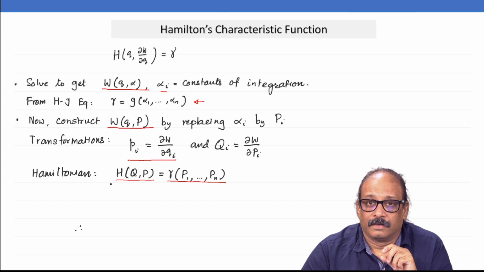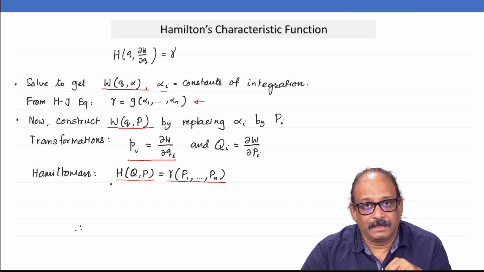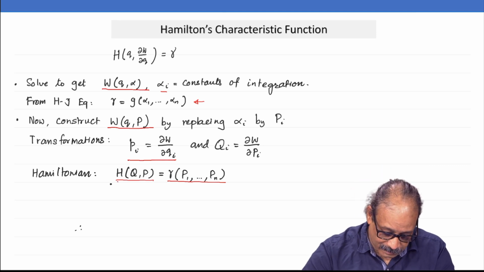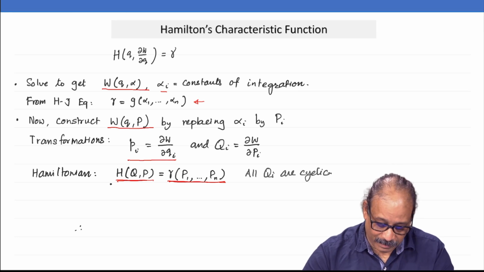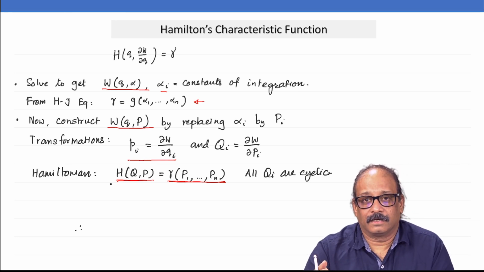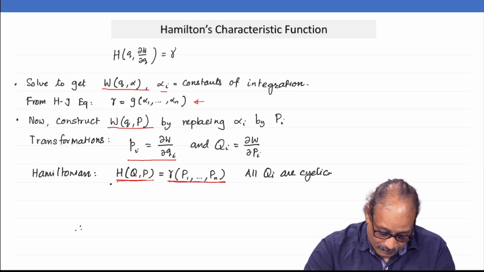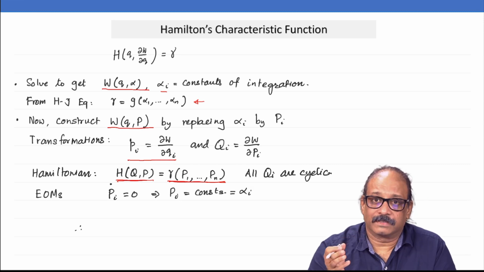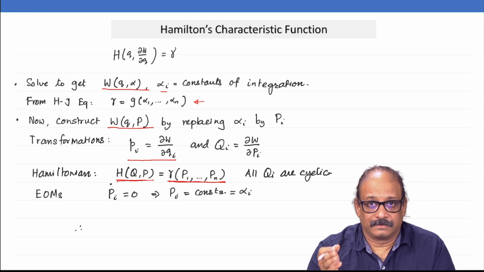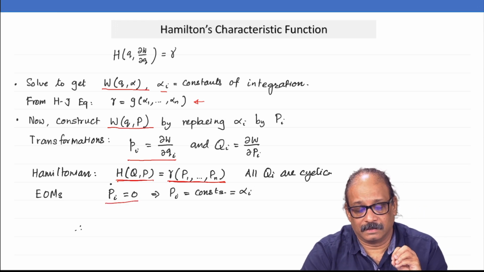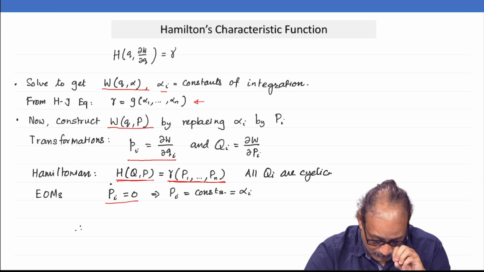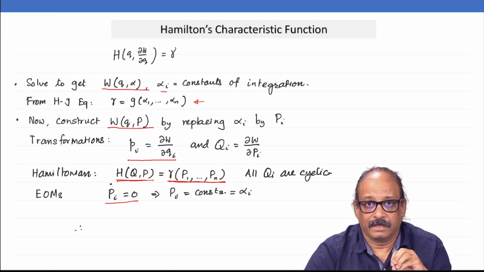Okay. Now, you can see that capital Q will not appear in the expression of H. H is now expressed entirely in terms of capital P's. So, what does that mean? All your canonical coordinates capital Q I are all cyclic, they are all ignorable, and then the equations of motion are very simple. What happens to P I dot? P I dot is 0, the time rate of change of P I is 0.